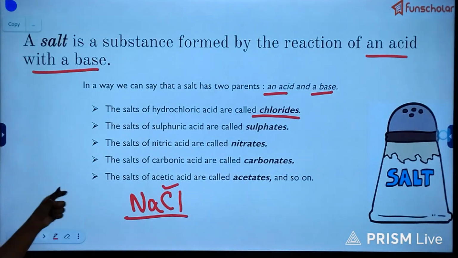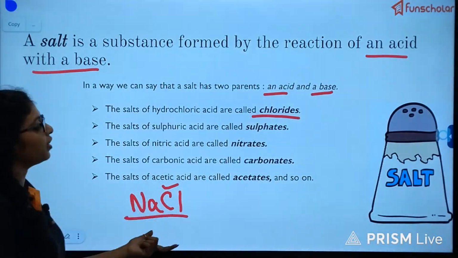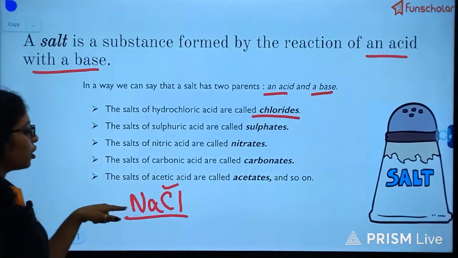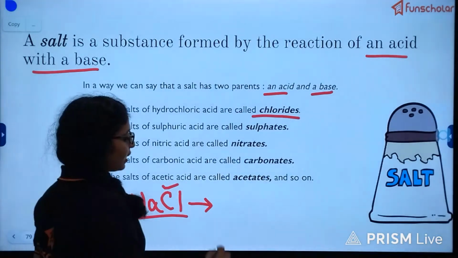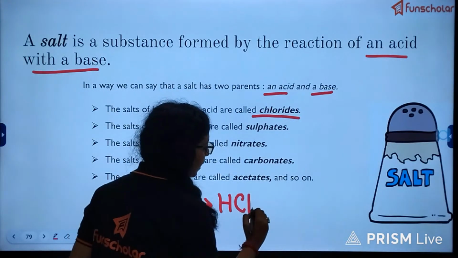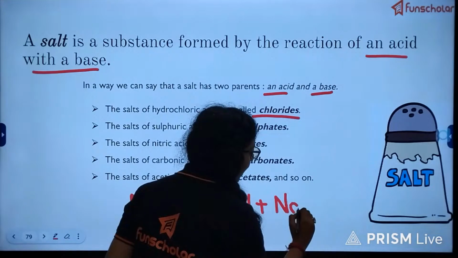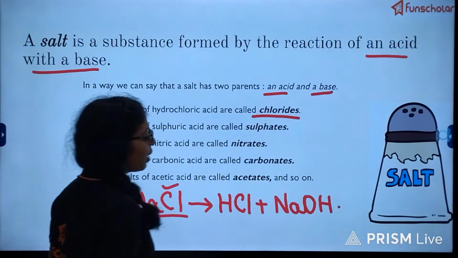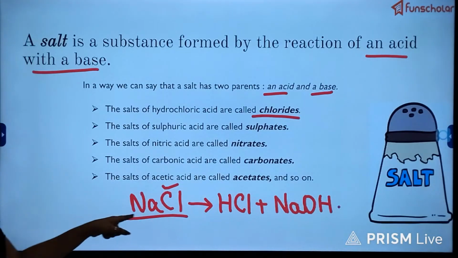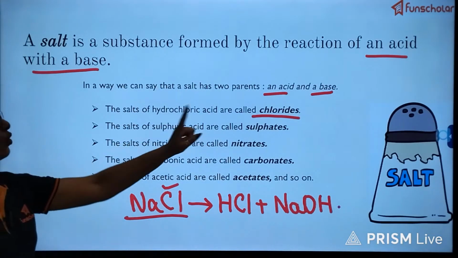That is why the salt we get from here is actually a chloride. So where do we get NaCl salt from? We get the NaCl salt when HCl reacts with NaOH, which is sodium hydroxide, right? Then we get NaCl, which is a chloride salt.